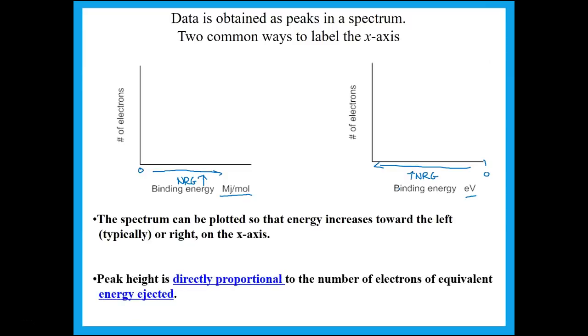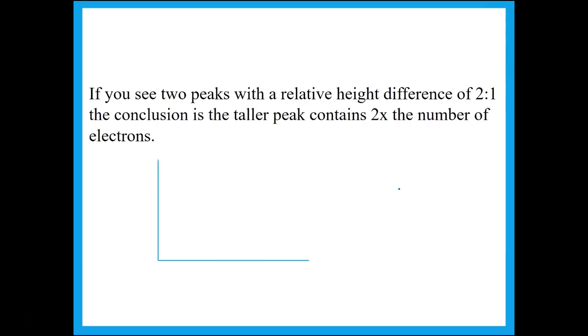Okay? So the peak height that we see is directly proportional to the number of electrons ejected at that energy. So what are we saying? If we see two peaks with different heights, so we see this height peak right here, and we see this height peak right here. Well, we see that this peak is about half the size of this one.